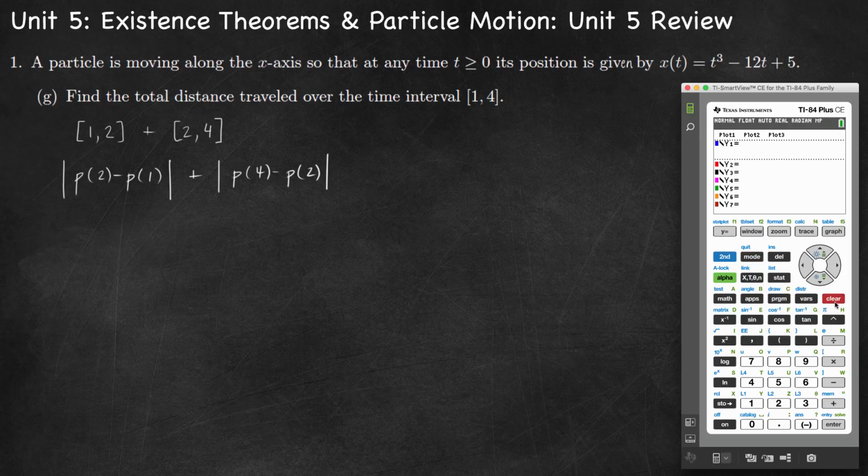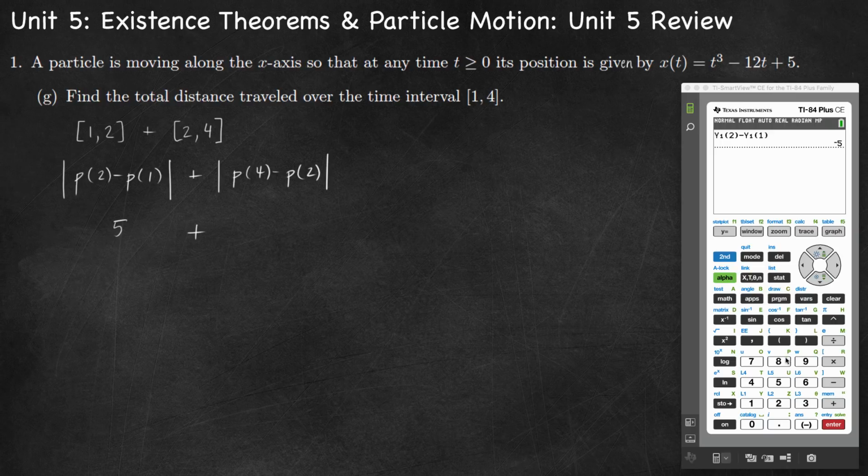So I need my equation for p of t again. Let me enter that. X cubed minus 12x plus 5. And then we want p of 2 minus p of 1, which is negative 5, but we're going to make that positive 5.